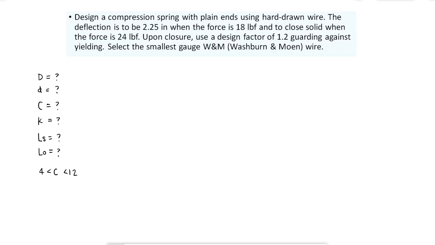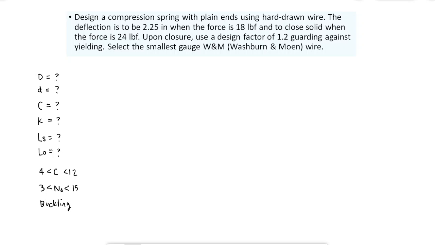And obviously we could check things, for example, the natural frequency of the spring, but in this case we're not told that it's going to undergo fluctuating stresses, so that's probably not that important. But also we can check for buckling, right?